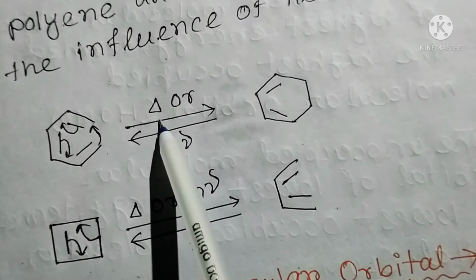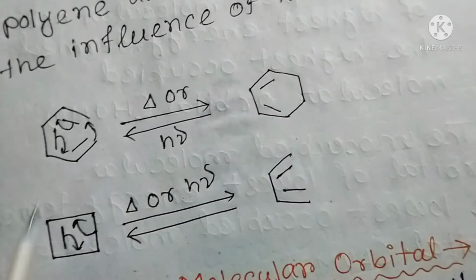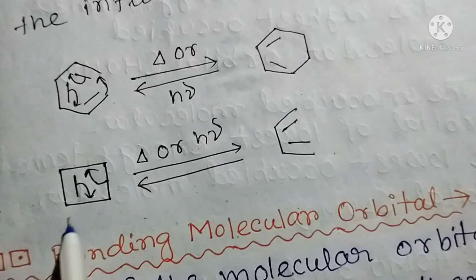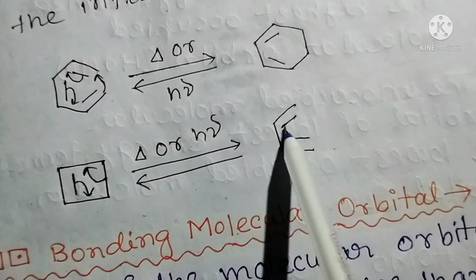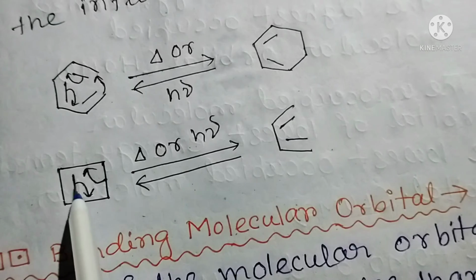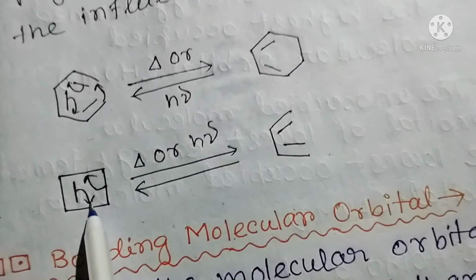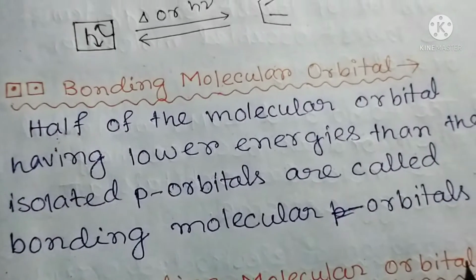Now in the presence of heat or h nu, we get this product. Now here we take butadiene. In the presence of heat or h nu, we get this product. This bond breaks from here to here, and this bond shifts from here to here. This is all about electrocyclic reaction.